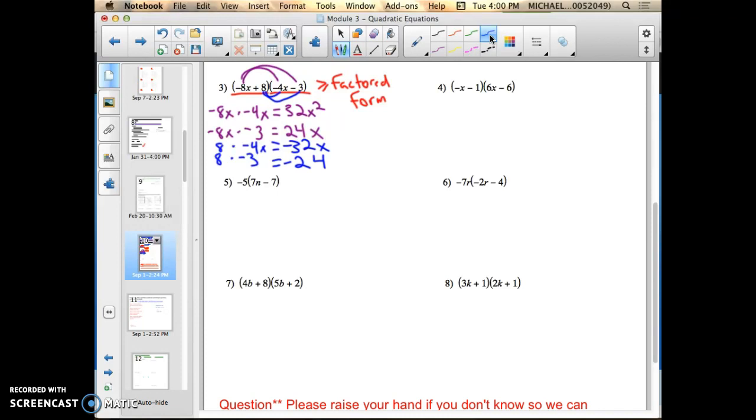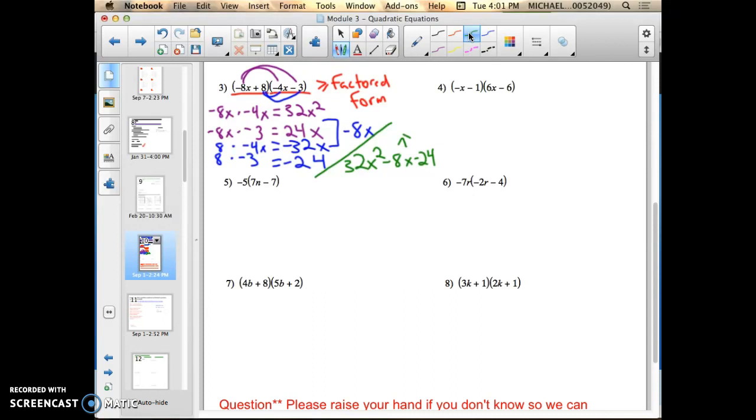Alright, in this step, if you remember, I have to combine like terms. 24 plus a negative 32 gives me a negative 8x. And at this point, all I have left to do is write it in standard form. Alright, so I'll write it in green down here, 32x squared minus 8x minus 24.